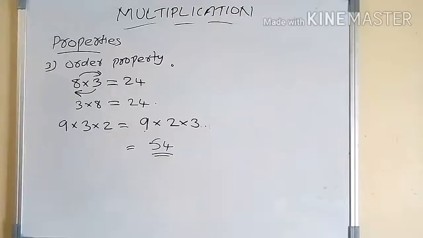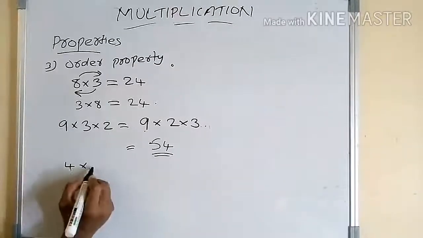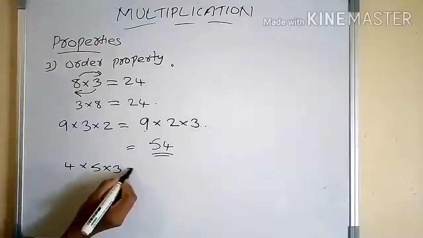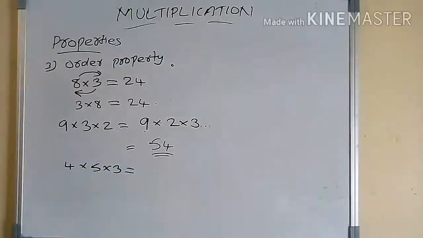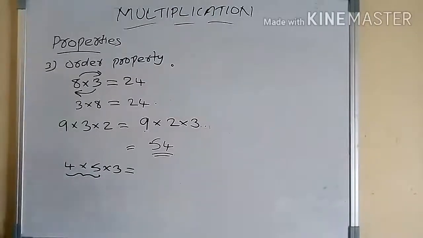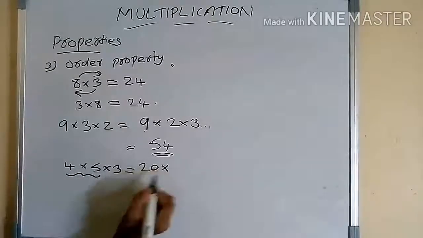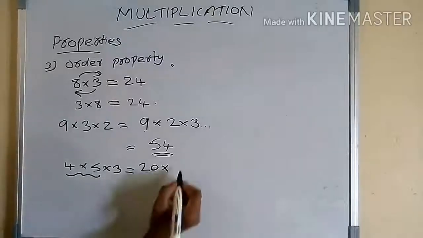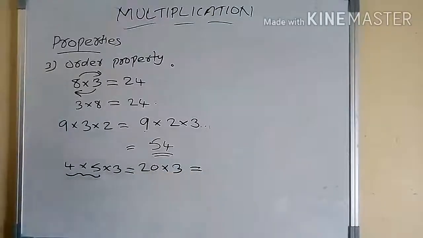Next, 4 into 5 into 3. Multiply these three numbers. First multiply these two numbers. 4 into 5. What is the answer? 20. 20 into, write the 3 as same. Okay. Next we can write the 4 as same.